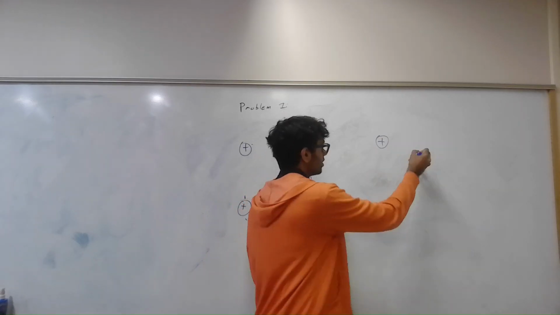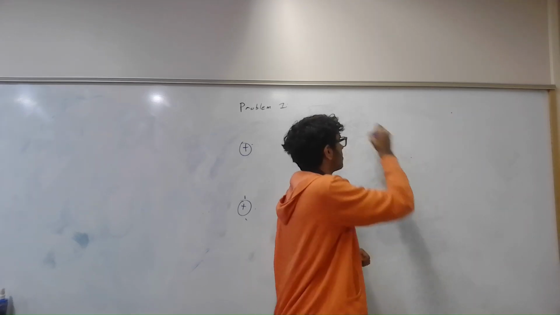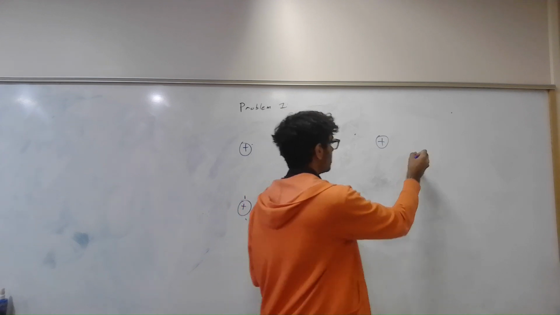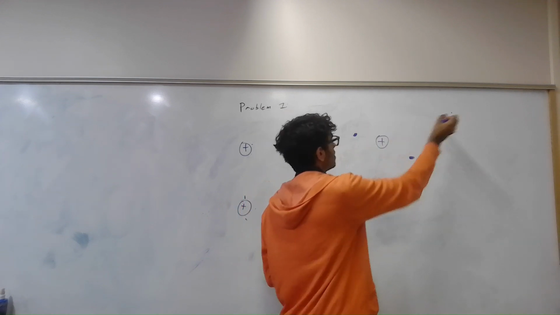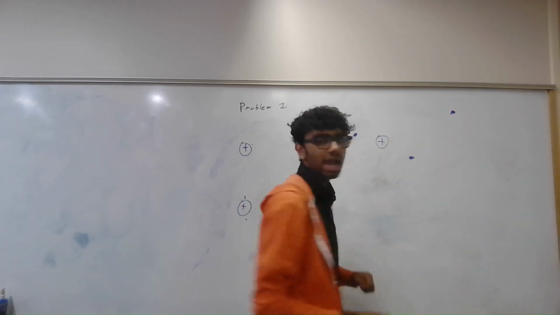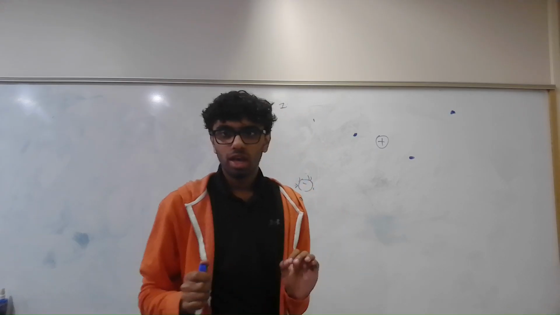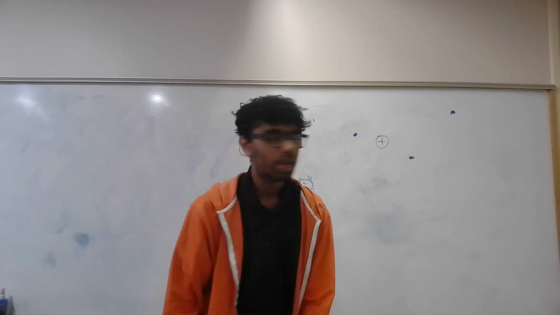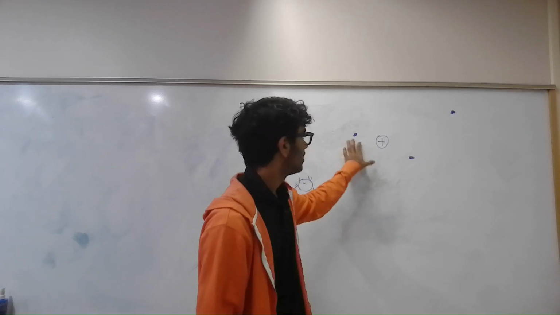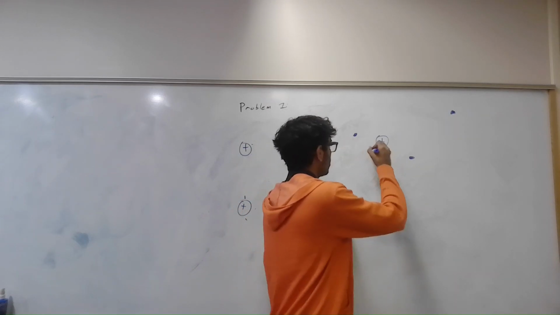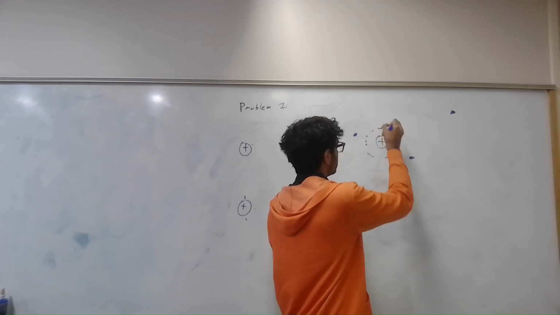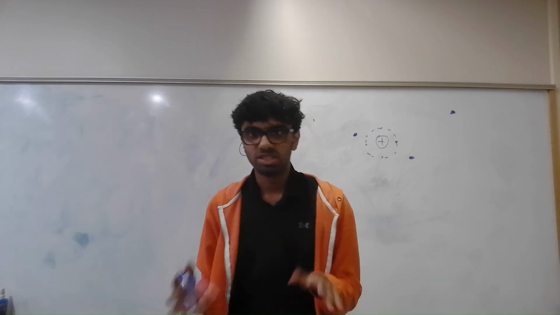If I'm here versus there versus here, at any of those points, all that matters is distance from the charge. So the potential is different at these points, but along a circle around this point charge, here, here, here, here, the potential is the same.